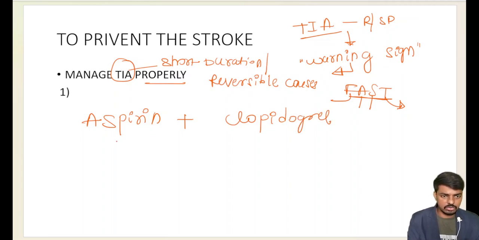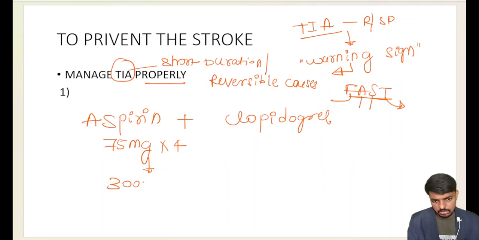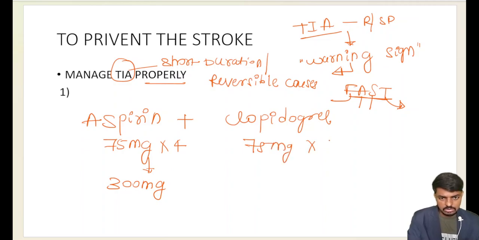What is the dose of aspirin? 75 mg tablets, 4 tablets together, that is 300 mg. And clopidogrel is also 75 mg tablets; here also we give 4 tablets together, that is also 300 mg.